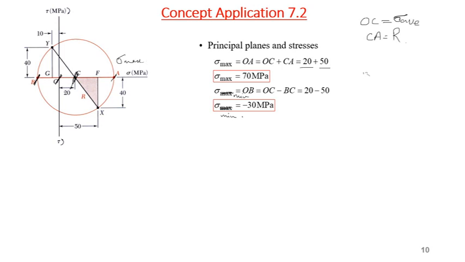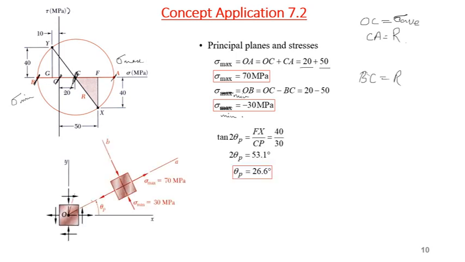So BC is my radius, and OC is my average. If I subtract it, that becomes minus 30 megapascal. It means sigma B is my minimum stress, and that value is minus 30 megapascal. So these are my maximum and minimum normal stresses on that axis.